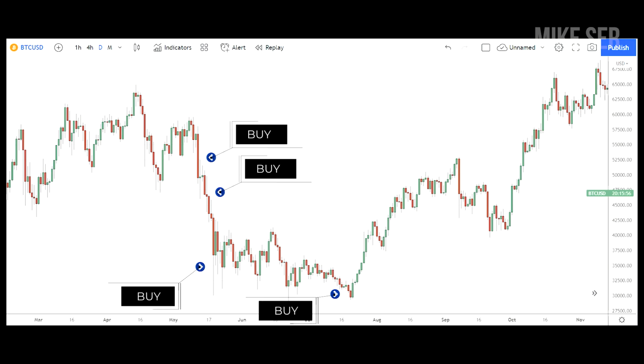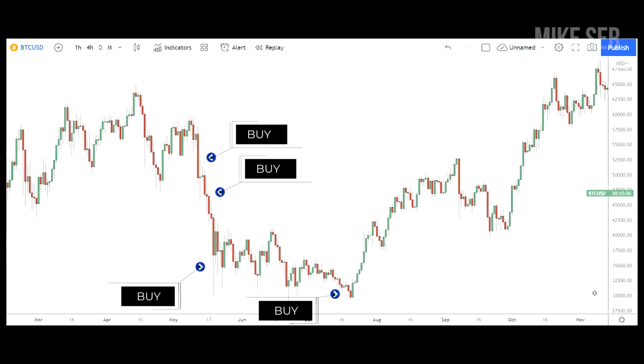So basically, instead of buying your entire position in Bitcoin at one set price, you buy it bit by bit as prices go lower, which has the benefit of you not having to be too accurate in terms of your entry prices. And if prices do head lower, you average down the cost base of your purchase price.